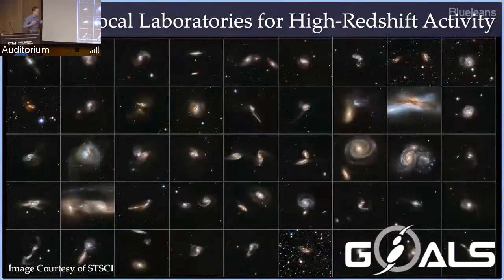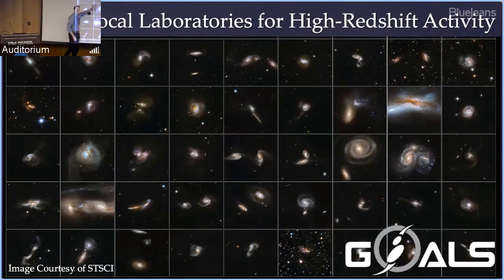All right, so the Great Observatories All-Sky LIRG Survey is aimed at studying the properties of local luminous infrared galaxies. While local luminous infrared galaxies are rare in the nearby universe, it turns out that at cosmic noon and higher redshifts, luminous infrared galaxies, or galaxies with an infrared luminosity greater than 10 to the 11, actually dominate the infrared density of the universe.